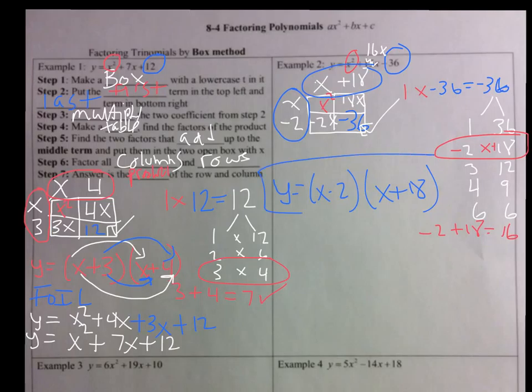And this right here will be our factored form of our polynomial. Again, if you want to check your work by using FOIL, you can, and you should get to our original polynomial right next to example 2 up here.